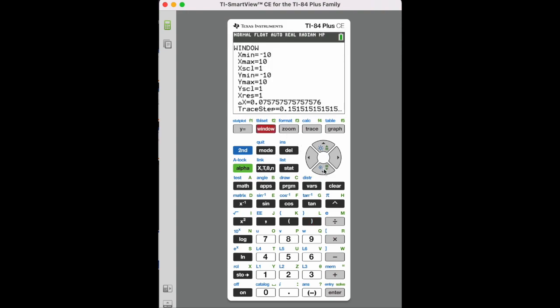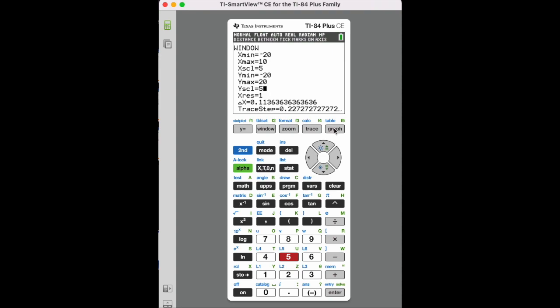Then I'm going to set my window. Since I want to see further than negative 10, because negative 10 is the point that we're interested in, let's go out to say negative 20. And let's say we do this on a scale of 5. And let's do maybe negative 20 to 20 for our y-axis on a scale of 5.